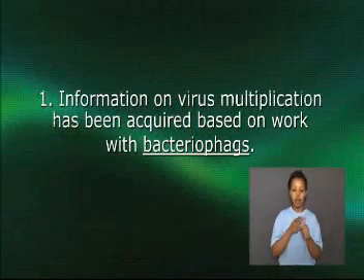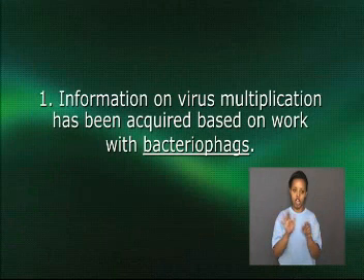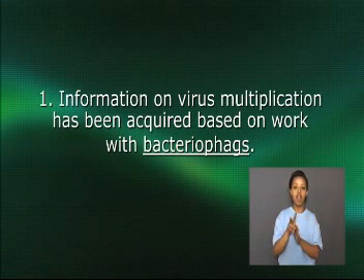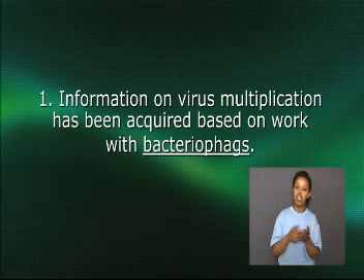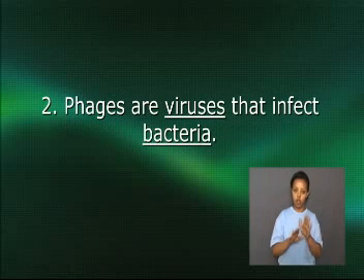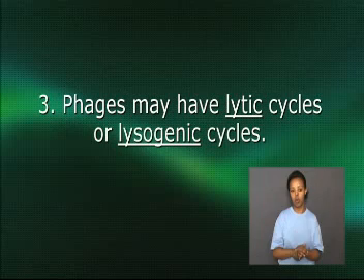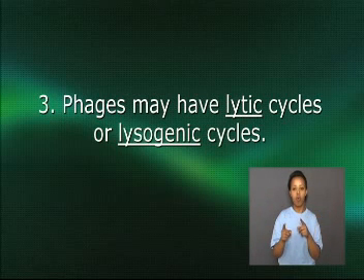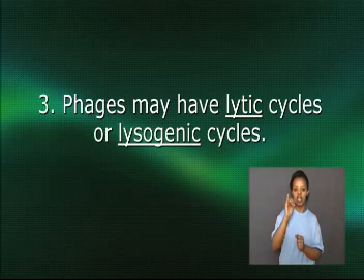The first sentence should read, information on virus multiplication has been acquired based on work with bacteriophages. The second sentence should read, phages are viruses that infect bacteria. The third sentence should read, phages may have lytic cycles or lysogenic cycles.